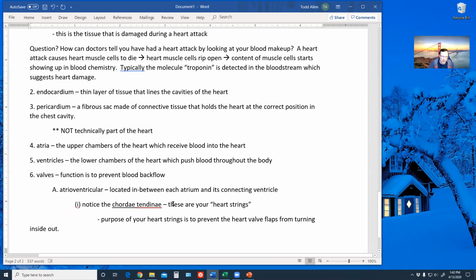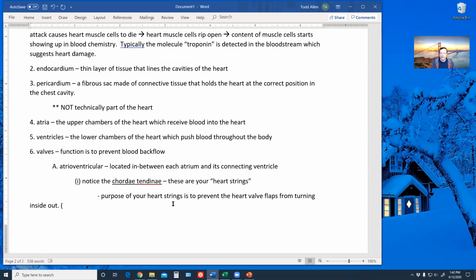That would not be a good thing. By inside out, let me give you an analogy. Have you ever been outside on a rainy, windy day with an umbrella where the wind was so strong it caused your umbrella to turn inside out? Well, if you've experienced that, which I did recently and it made me mad, then you know what I'm talking about. The heartstrings are trying to prevent that from happening.